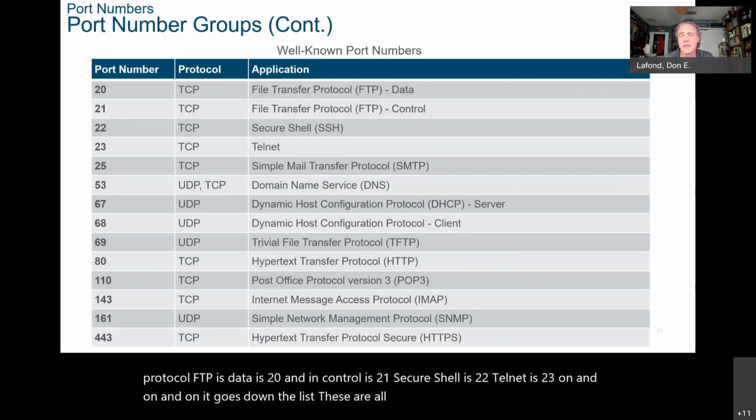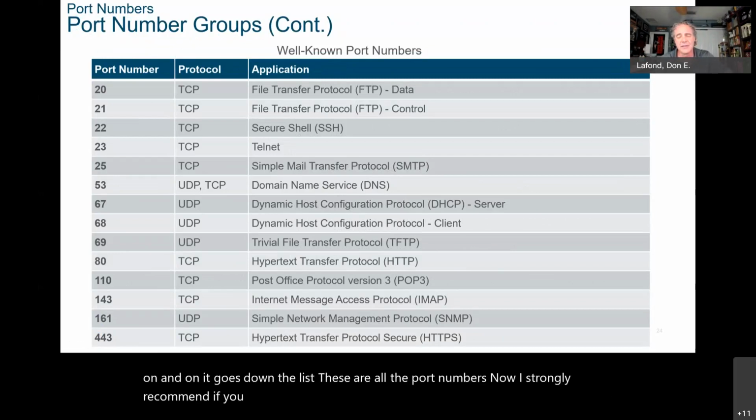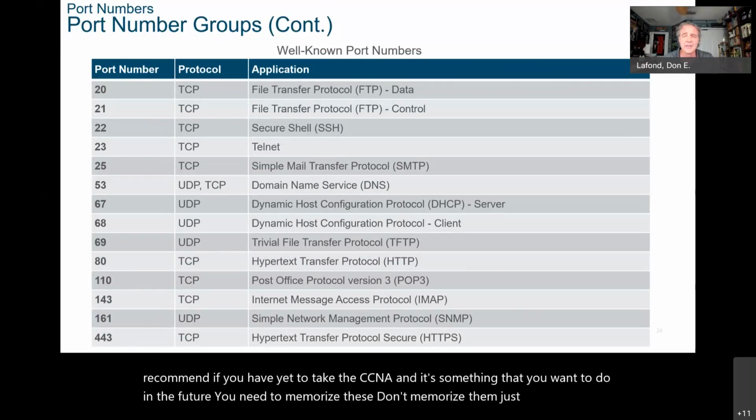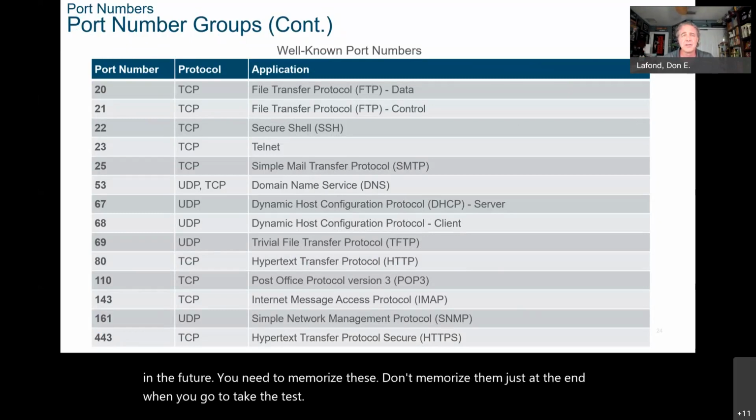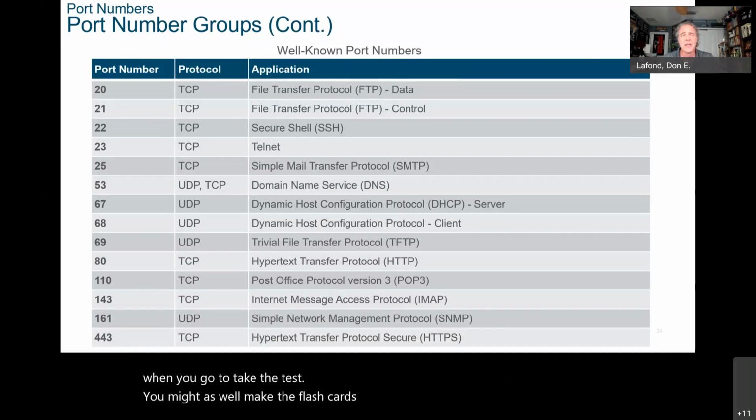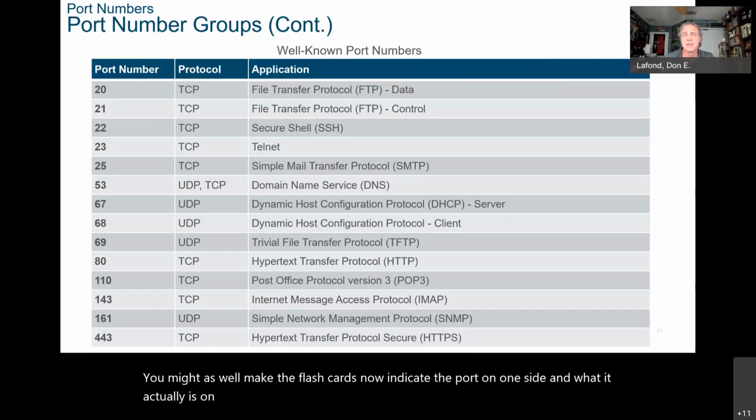Now, I strongly recommend, if you have yet to take the CCNA and it's something that you want to do in the future, you need to memorize these. Don't memorize them just at the end when you go to take the test. You might as well make the flashcards now, indicating the port on one side and what it actually is on the other side. Maybe even throw in UDP or TCP.